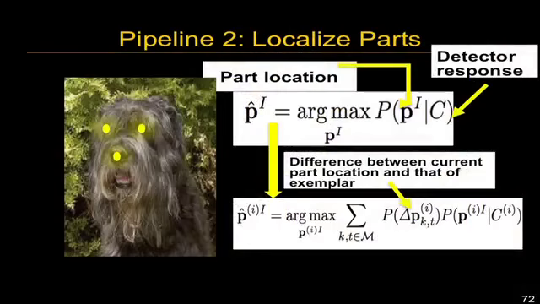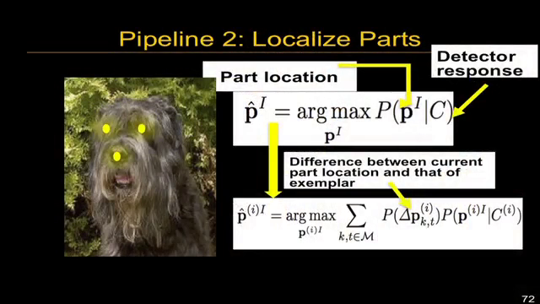Once we've found the face of the dog, we try to localize the eyes and the nose. We do this using a kind of Bayesian inference, where we have some data, which is the result of a low-level detector. For each feature, like the left eye, we train a detector similar to the detector we have for the whole face, which says, is the left eye here?